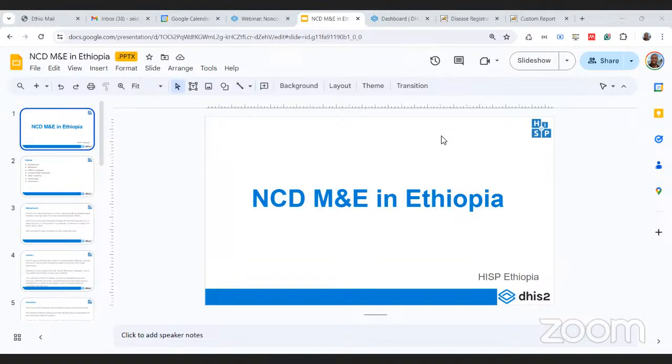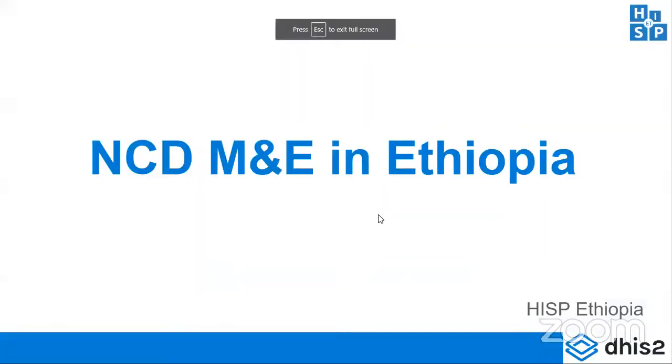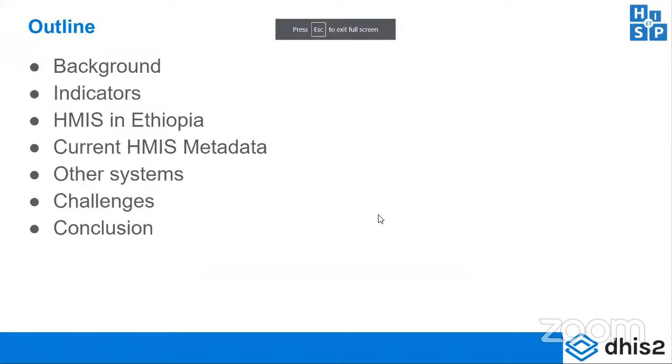In my presentation today, I will try to cover what kind of data we are collecting in Ethiopia regarding NCDs. My presentation will give you some background, tell you about what kind of indicators we have, what kind of HMIS strategy Ethiopia is following, and what data is currently being collected.